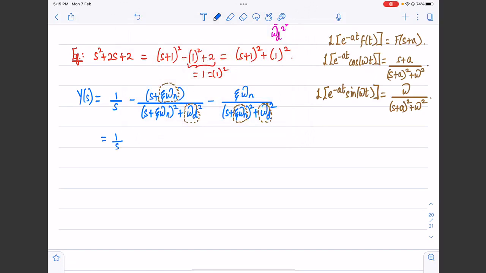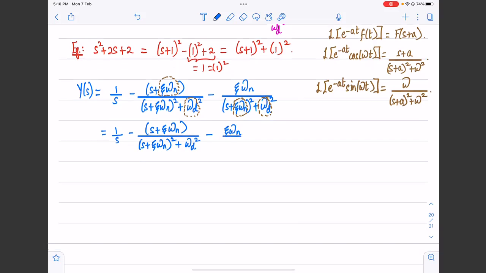So we do this: minus 1 by s plus, minus (s plus zeta omega n) divided by (s plus zeta omega n) whole square plus omega d square, minus zeta omega n divided by omega d.